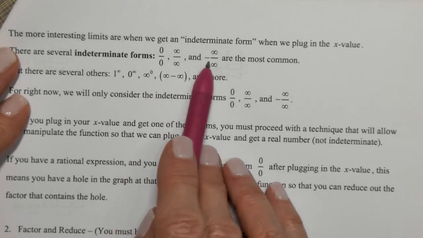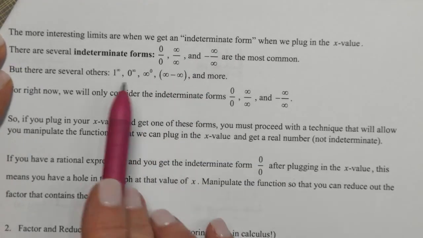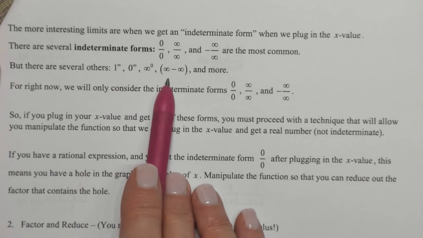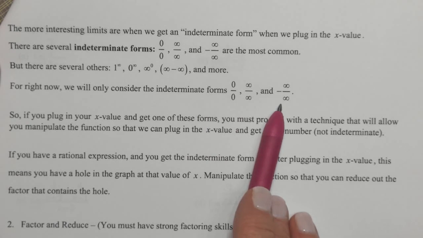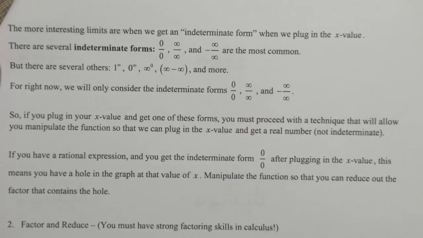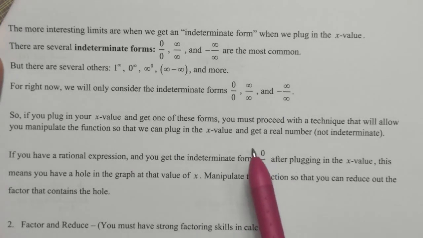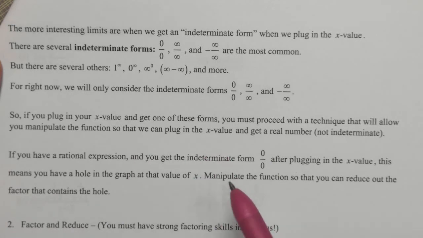Those are the most common ones we're going to see right now, but there are more. Okay? There are more indeterminate forms. Right now we're just going to take a look at those three. So if you plug in your x value and you get one of these forms, we must use a technique that will allow us to manipulate the function so that we can plug in the x value and get a real number that is not indeterminate.